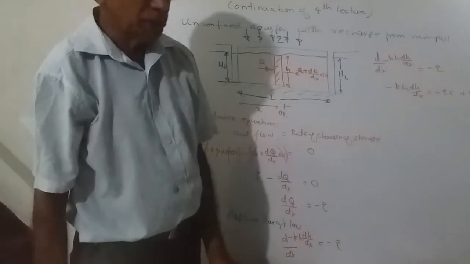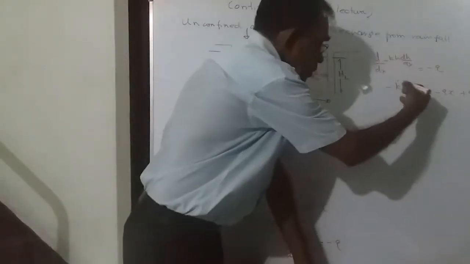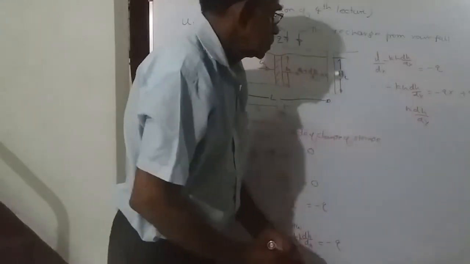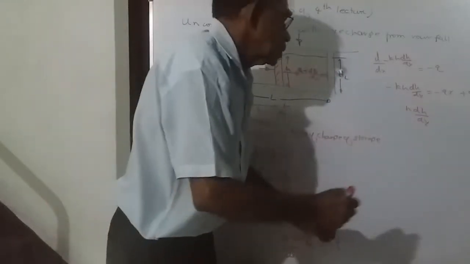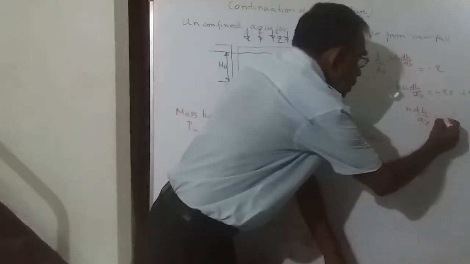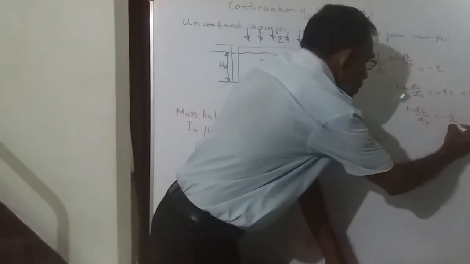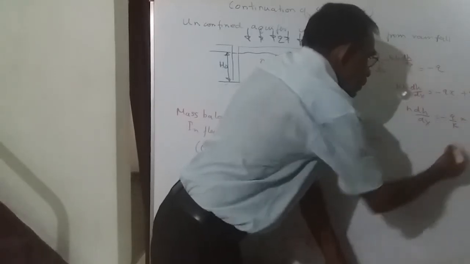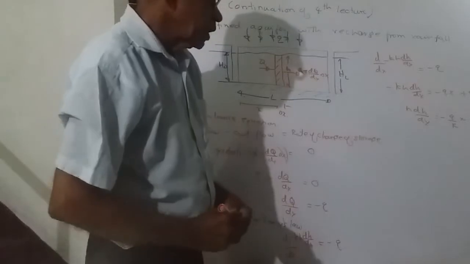So that you can divide this one now. h dh/dx is equal to minus q divided by k times x plus c1. I make a small change here.